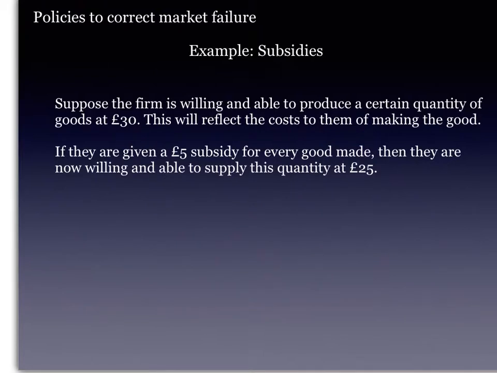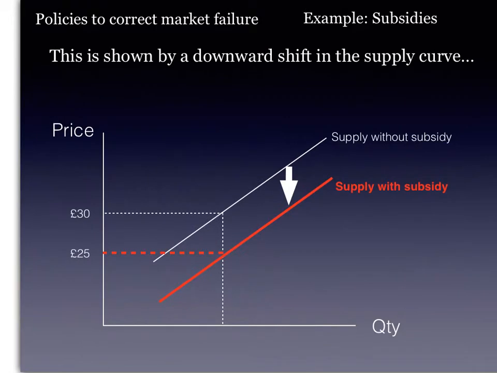So here's an example. Suppose the firm is willing and able to supply a certain quantity at £30. Then they get a £5 subsidy for every good that is made. Now it makes them willing and able to supply at £25. So they get £25 in the market, then they get £5 subsidy, which makes up the £30.